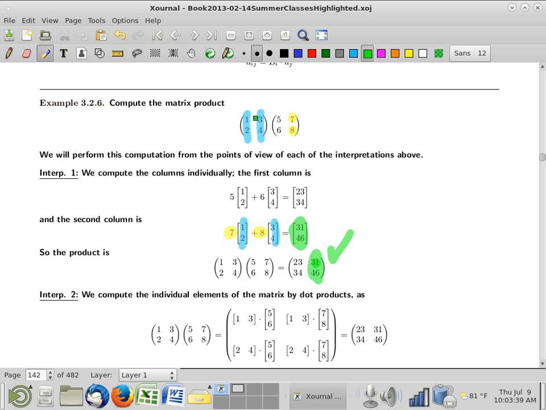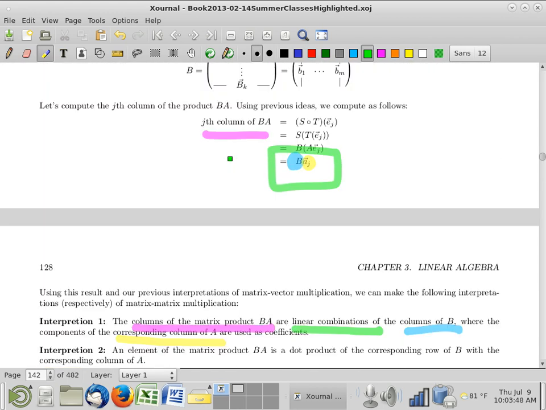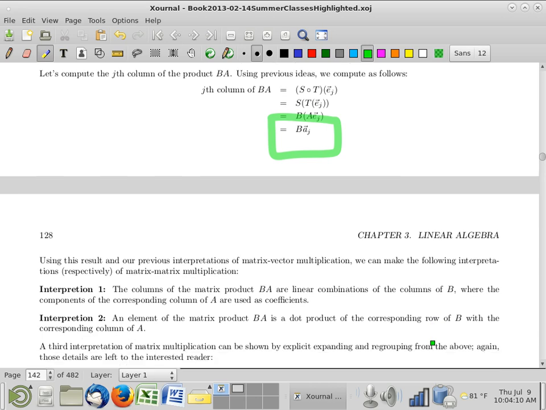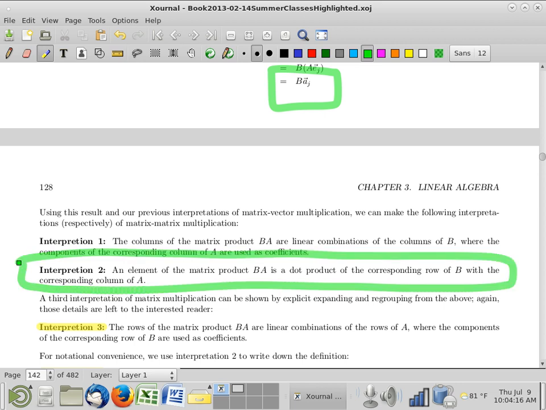Now there's a twist on this. It's not hard to motivate. We've already seen that I could interpret a matrix vector product a little bit differently. I can interpret this B times a_j, instead of as a linear combination of the columns of B, as a bunch of dot products with the rows of B. That was the other formula that we had for that. So that gives us a different notion of matrix multiplication.